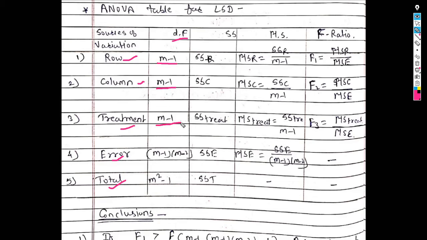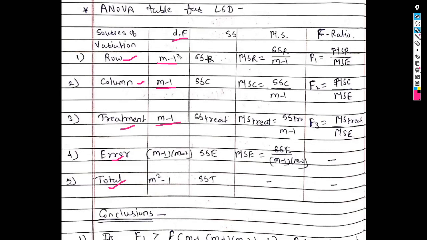Because we know that if we have m number of treatments, then we repeat each treatment m number of times and we assign that treatment to experimental units in our experiment in such a way that in each row and in each column one treatment occurs only once. So that's why we get m square experimental units for Latin square design.